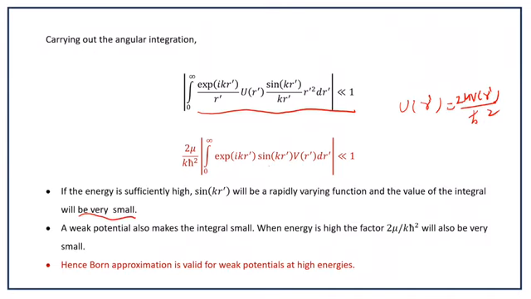So the potential factor 2 mu upon h cross square will also be very small. So for the validity of Born approximation, the incident particle must have very large energy and the interaction potential must be small.